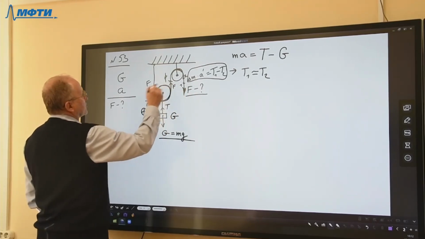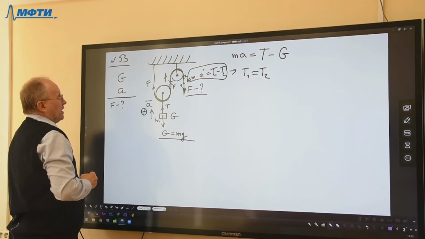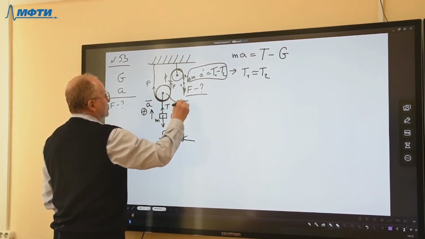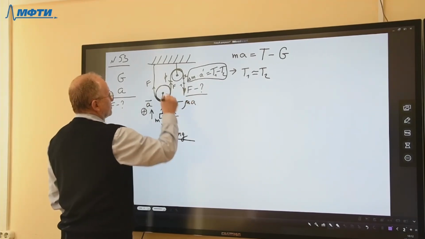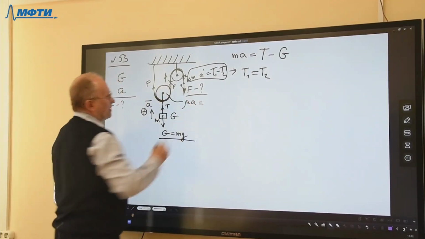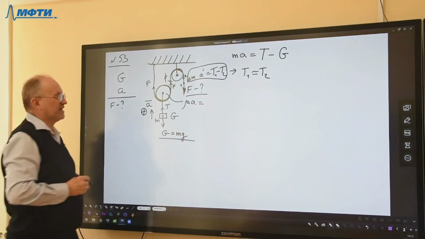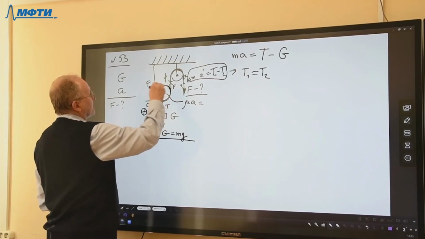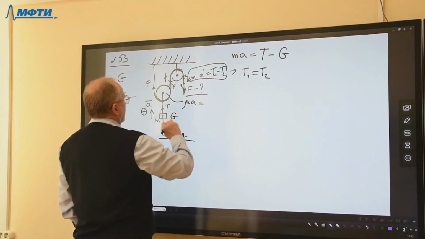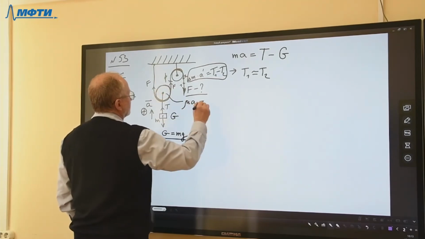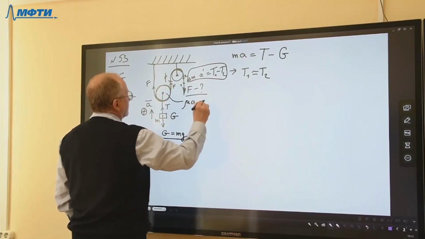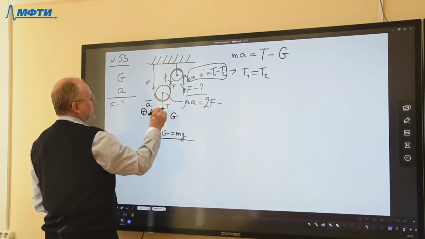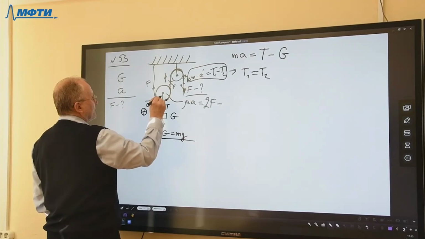of the string tension acting here on the pulley. Therefore, the mass of the pulley, let it be mu, times the acceleration of the pulley, will be defined according to Newton's second law by the total net force acting on the pulley. Upward act two forces, F plus F, F from here and F from here, and downward we have a force of tension T, which is the same everywhere along this string.